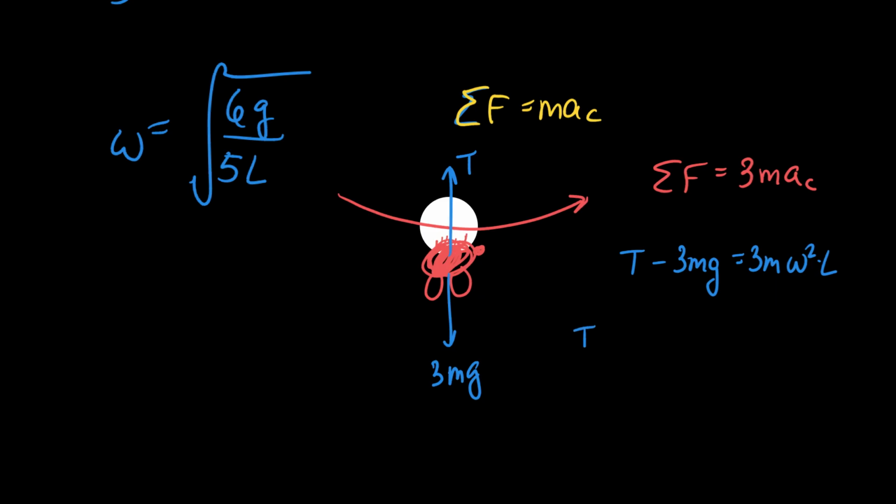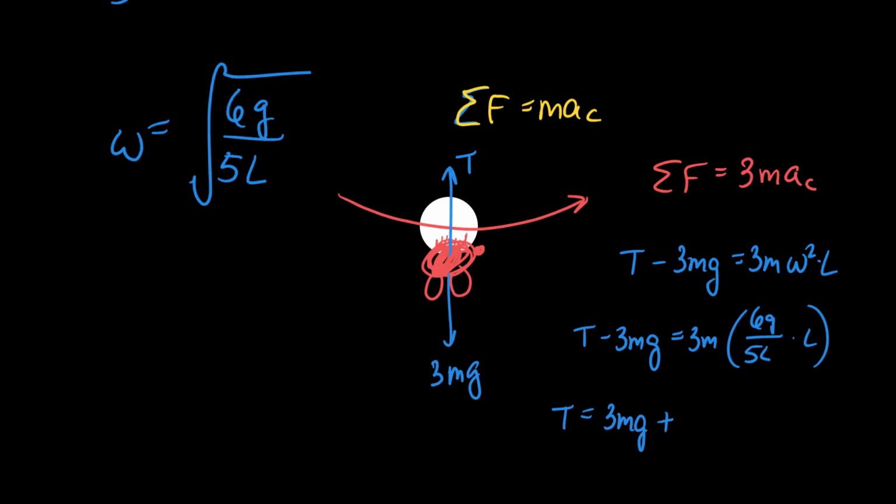So this is going to be T minus 3mg equals 3m omega squared, which is 3m times 6g over 5L times L. Wow, L's cancel. Way to go.